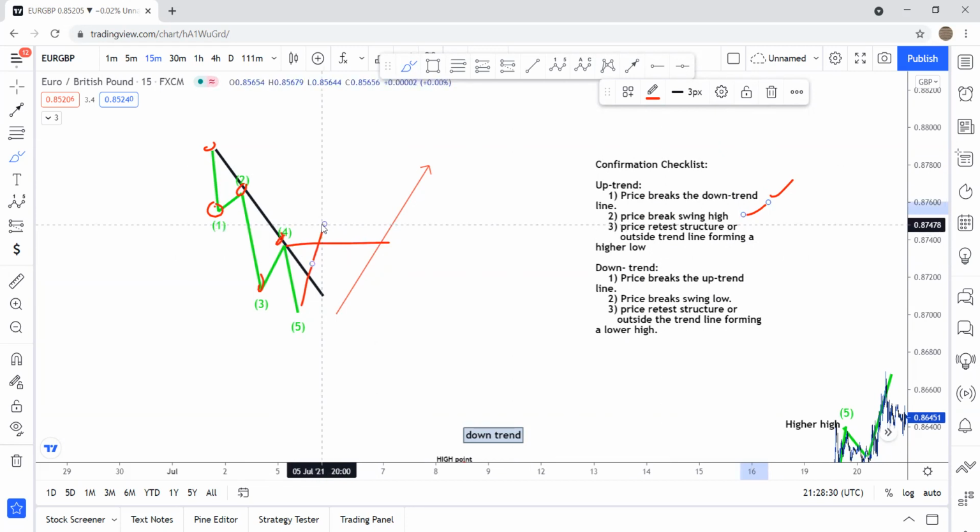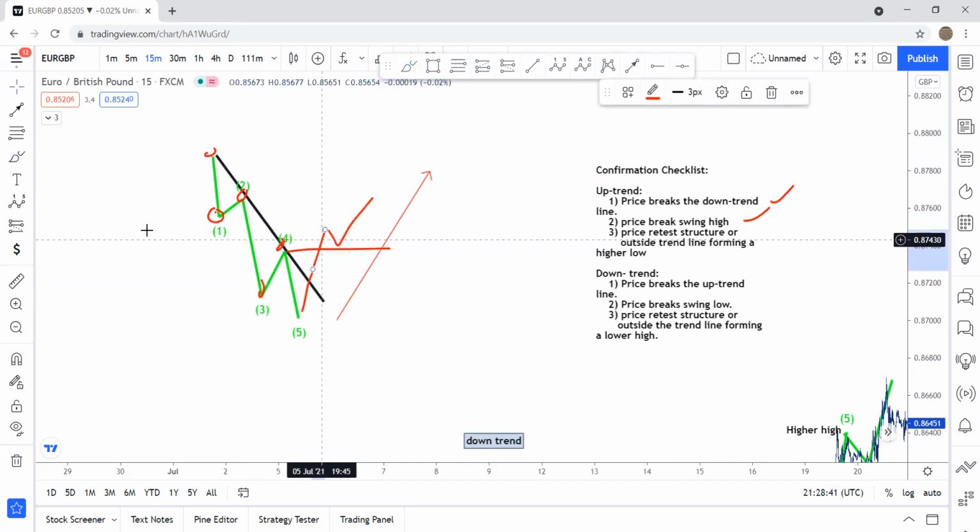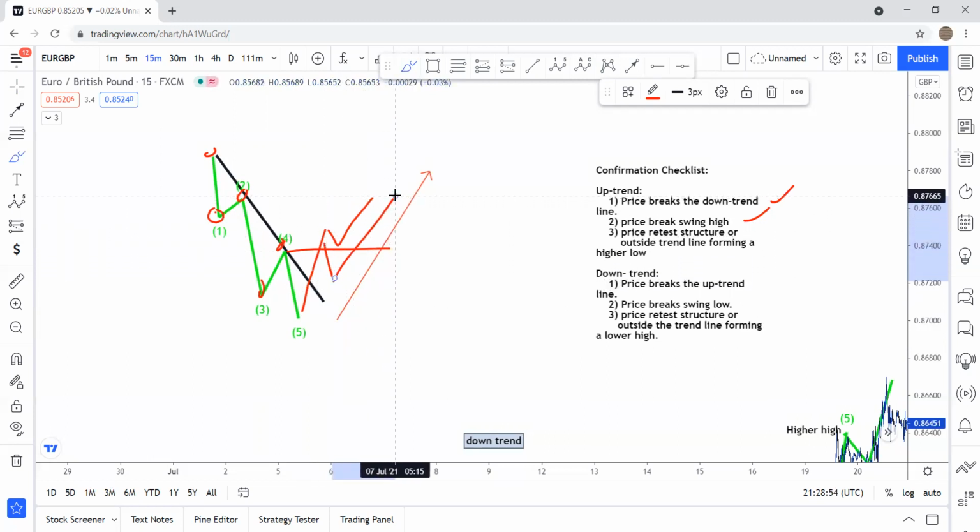Now, step three is we're either going to have a retest of this structure to continue going up, or we're going to have a retest of price coming down here to outside of this trend line, right? Then continue going up, right?